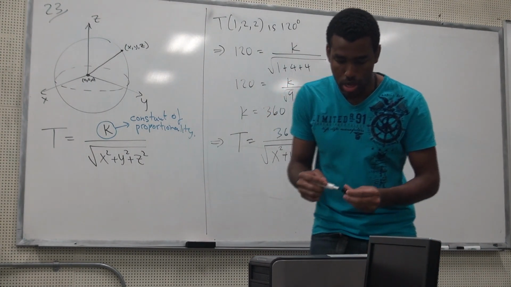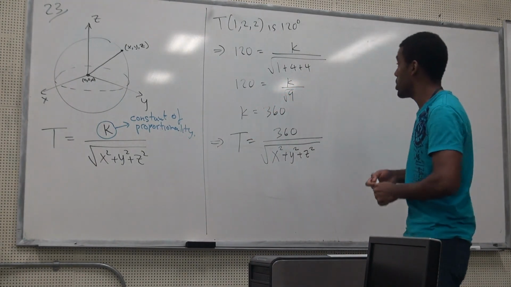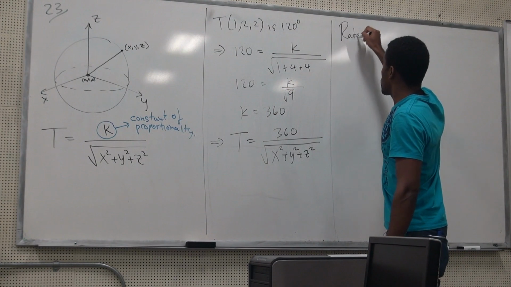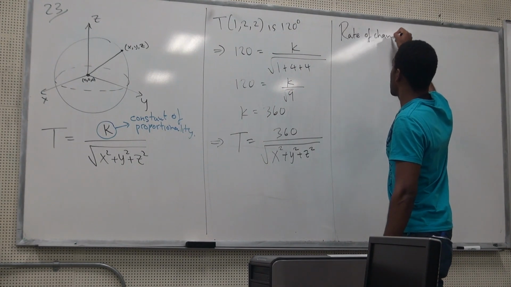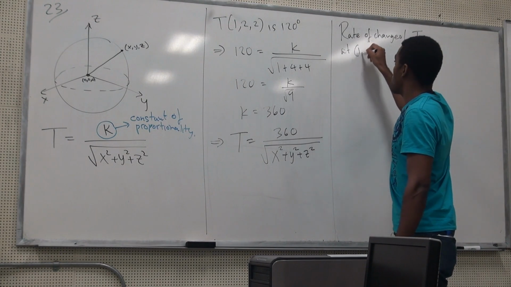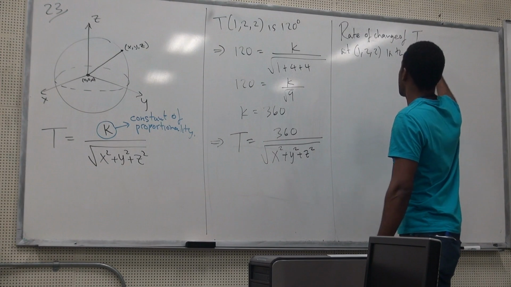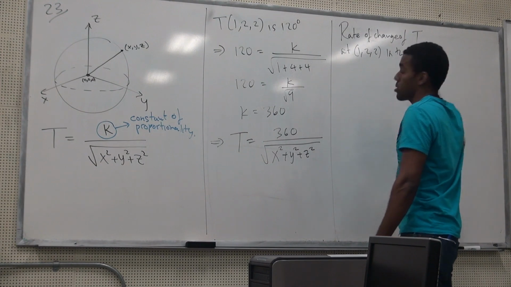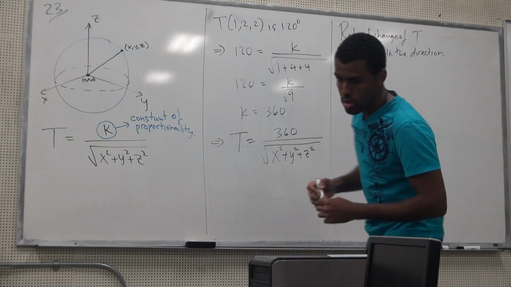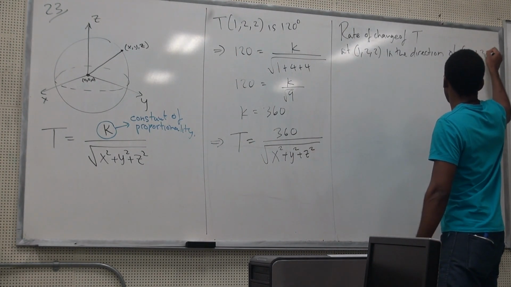Now what do we want to do? I want to find the rate of change of T at 1, 2, 2 in the direction of the point 2, 1, 3.